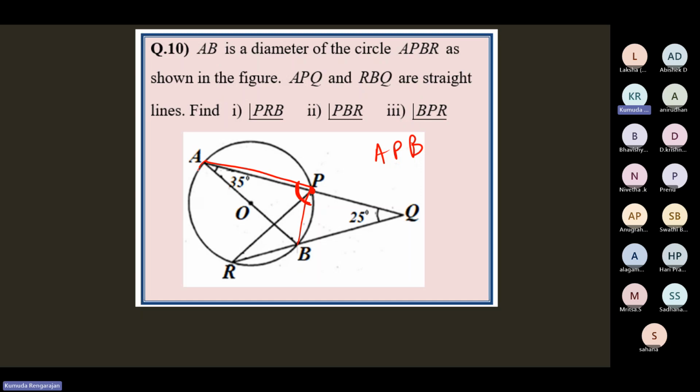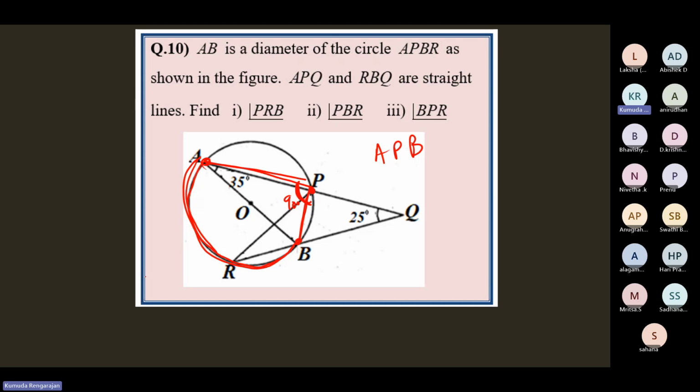And this is the semicircle. A and B are the ends of the semicircle, and you can see they're joined to this point P on the circumference. This angle is 90 degrees.